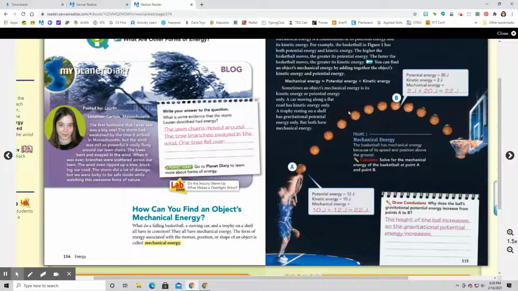You have a person shooting a basketball. The person is applying mechanical energy to shoot the ball, and then the ball does work or converts some of its energy mechanically into the net as it passes through.